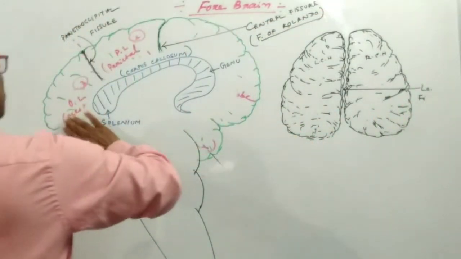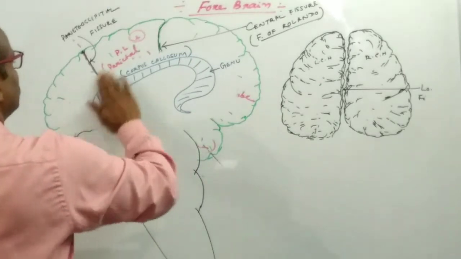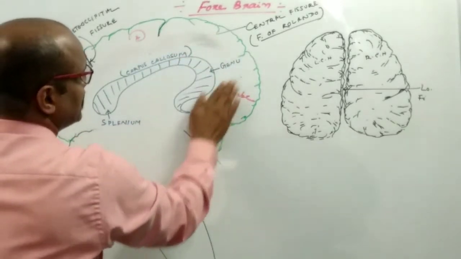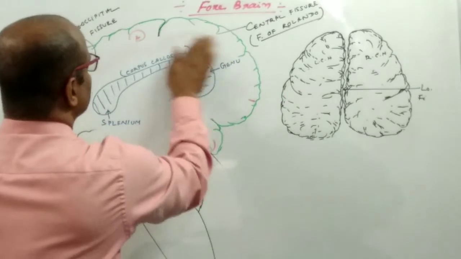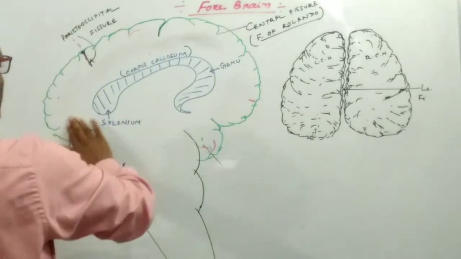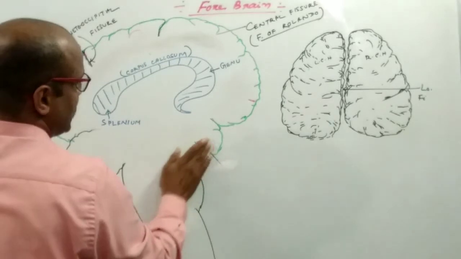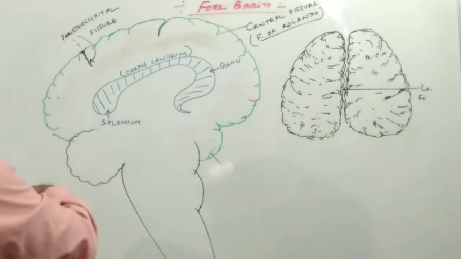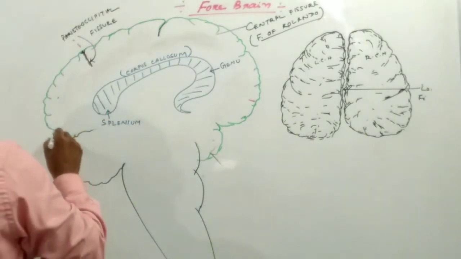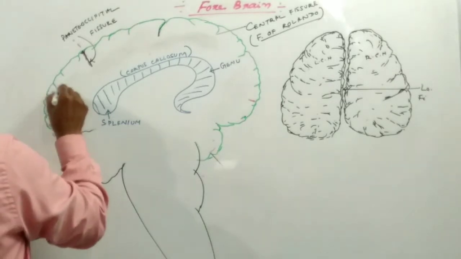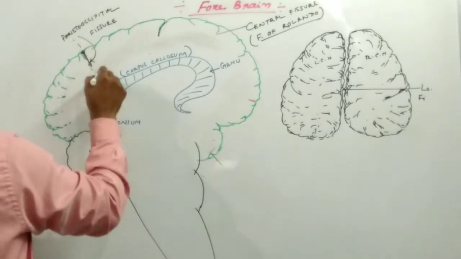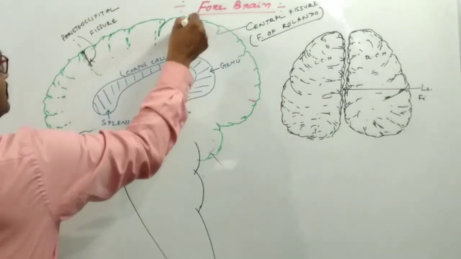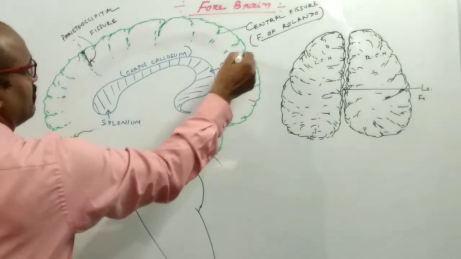And if you look at the cerebrum, there is the presence of gray matter as well as white matter. The gray matter is present at the outer surface of the brain or the cerebrum.